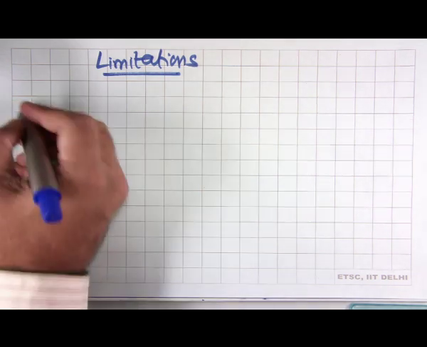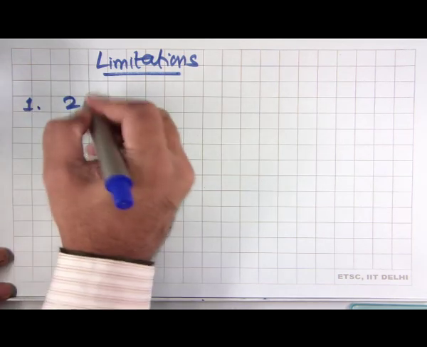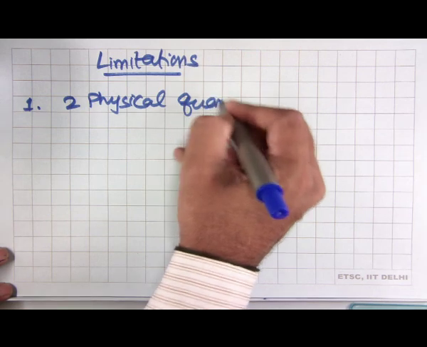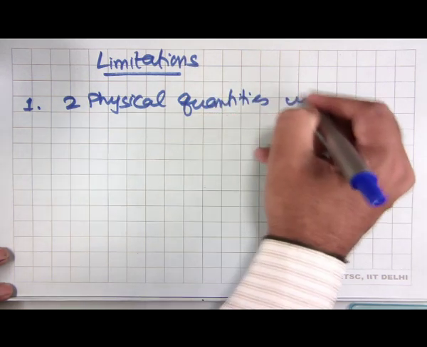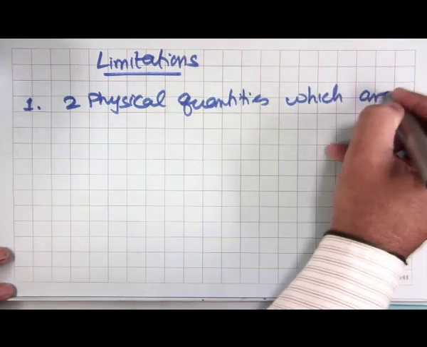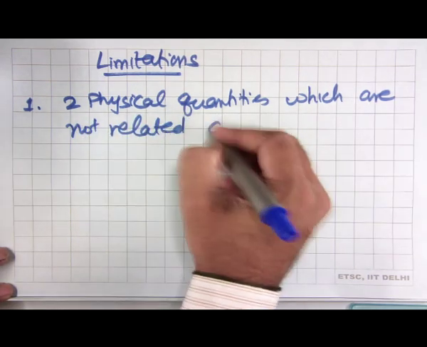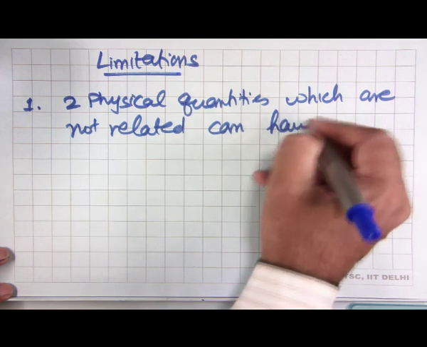Well, one limitation is that two physical quantities which are not related can have the same dimensions.